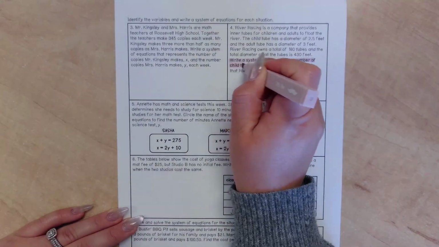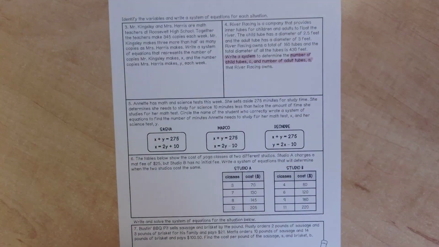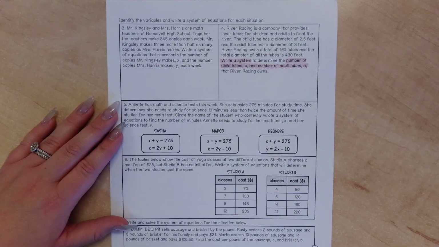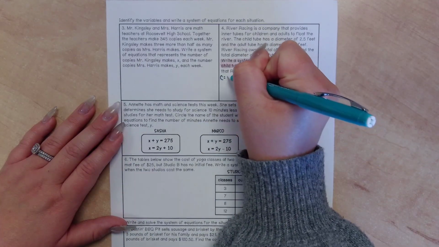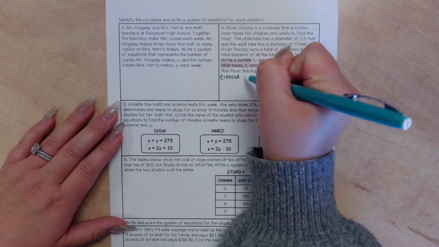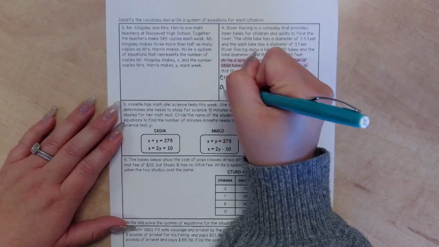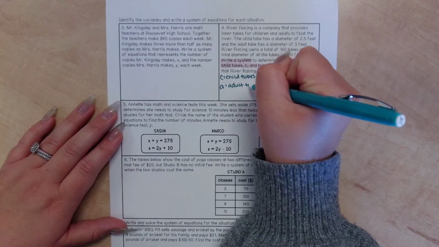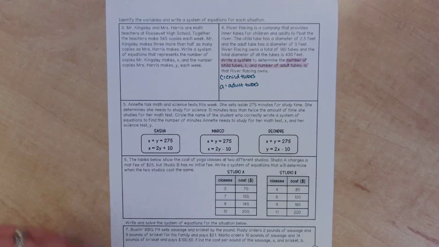The number of child tubes C and the number of adult tubes A. So personally, what I would write down, so that way I knew exactly what I was talking about, is that C equals child tubes and that A equals adult tubes. Kind of gives you a starting point so that way you go, oh, I'm talking about the tubes of the children and the tubes of the adults.